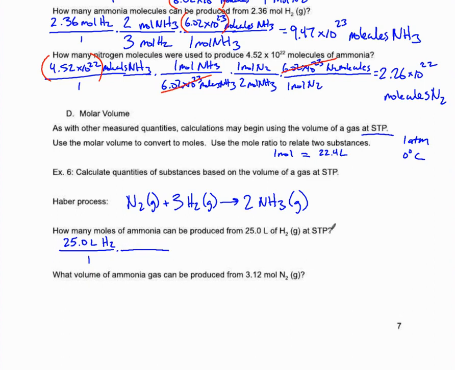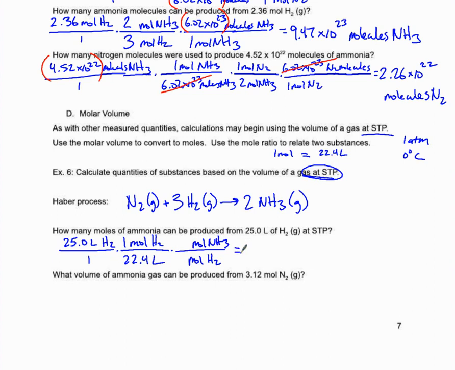So add STP, and actually it says add STP here, so it even applies to this one. 22.4 liters per mole of hydrogen gas. And we are comparing hydrogen with ammonia.